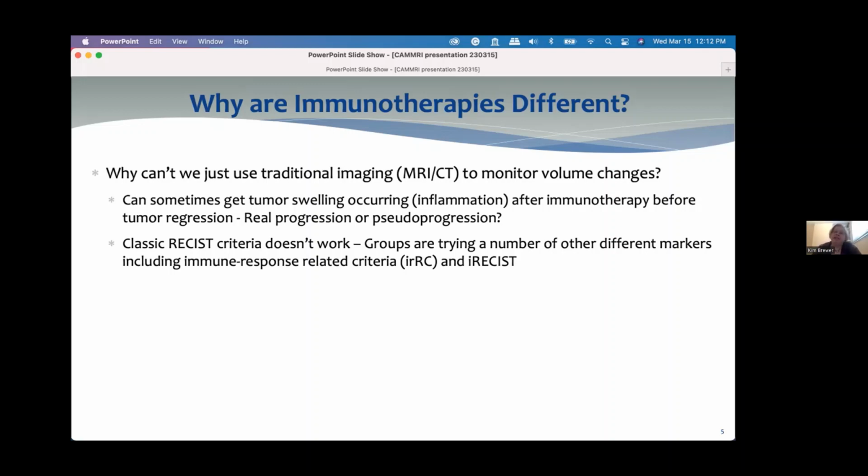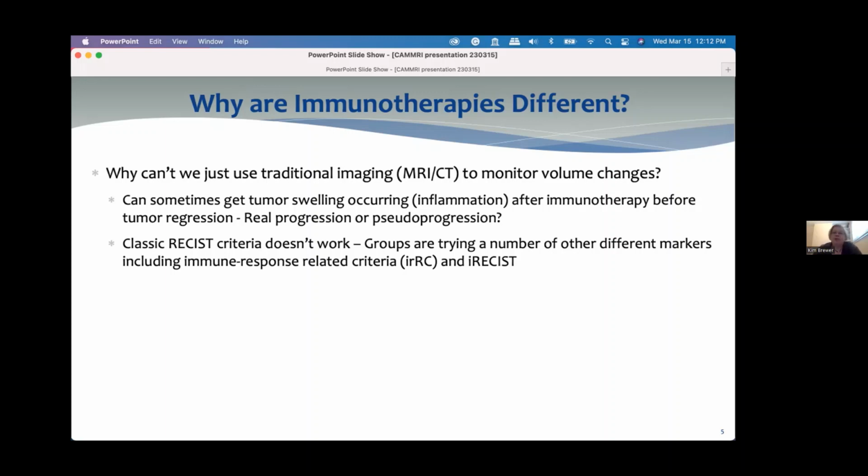With immunotherapy, that's not always the case right away. You can actually get what's called pseudoprogression, where you get tumor swelling because of an influx of a lot of immune cells. So the question that doctors ask when they see this is, is this real progression of the tumor, or is this pseudoprogression? And it's a very important difference.